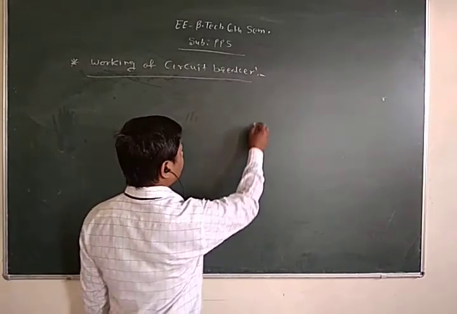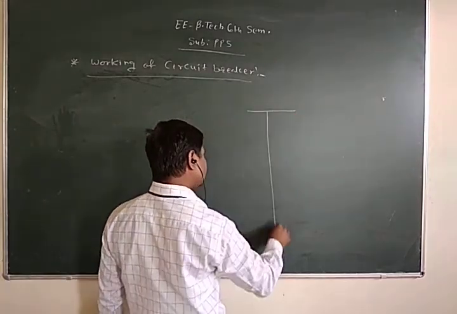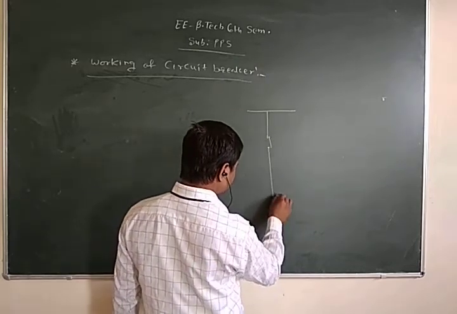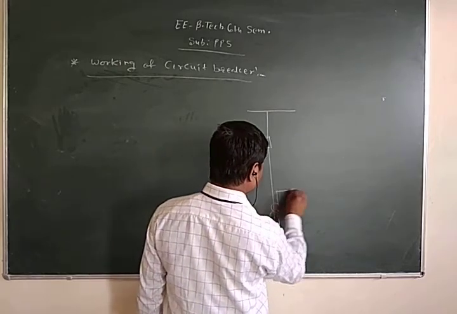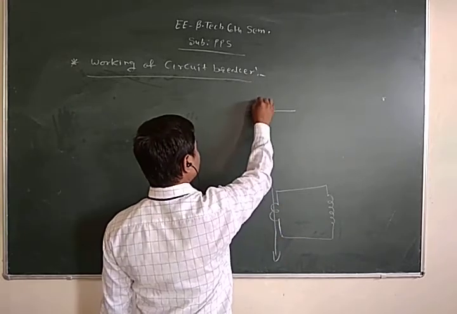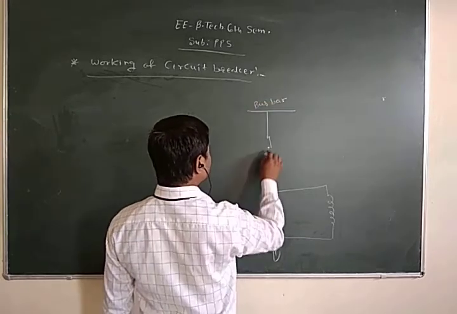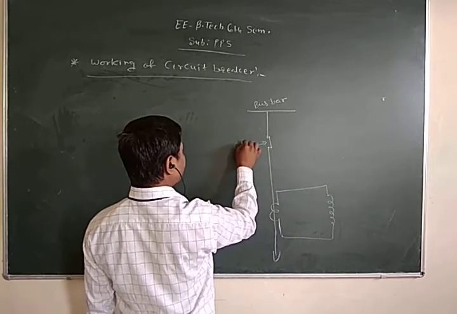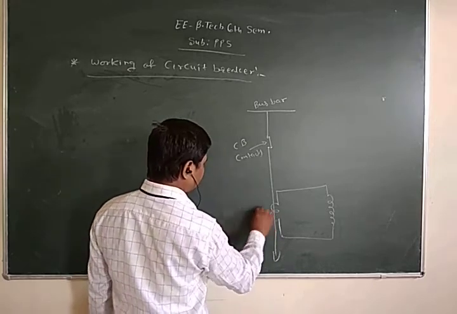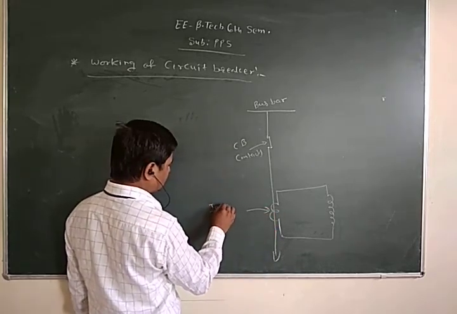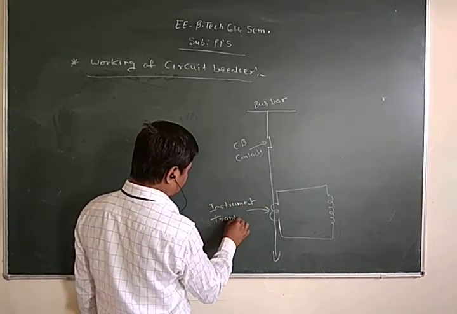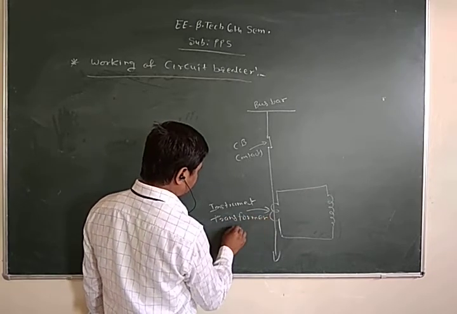So the working of a circuit breaker consists of: this is the bus bar, these are the circuit breaker contacts, this is the instrument transformer, or CT.